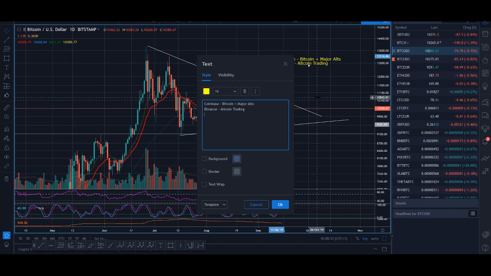But let's say one person has $10,000 in Coinbase, and it goes up 1%, then he'll make $100. But if he only has $1,000 on an altcoin, he's not going to make as much money. So if you're trading with $10,000 in Coinbase and $1,000 in Binance, even if you catch small trades on your bigger account exchange, you'll make more money.